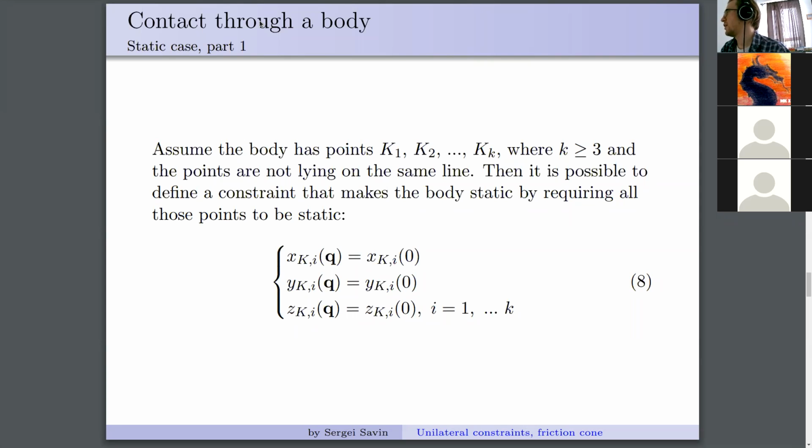You can just define those triplets that I showed you here, and define at least 3 points which are not collinear, and that's it. You are getting your static equilibrium described through those contact points.